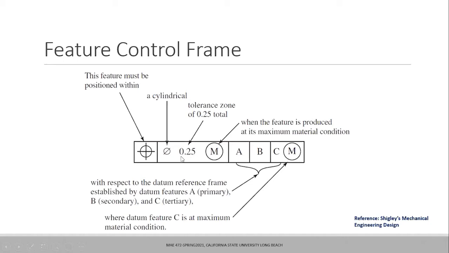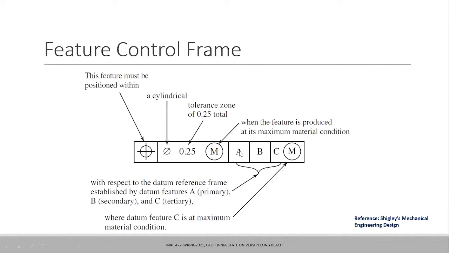If it is just 0.25, that means the tolerance is defined by two planes separated by 0.25 units. If there is a diameter symbol in there, that means the tolerance zone is a cylindrical tolerance zone. The modifier M means the tolerance is specified when the part is manufactured at maximum material condition.